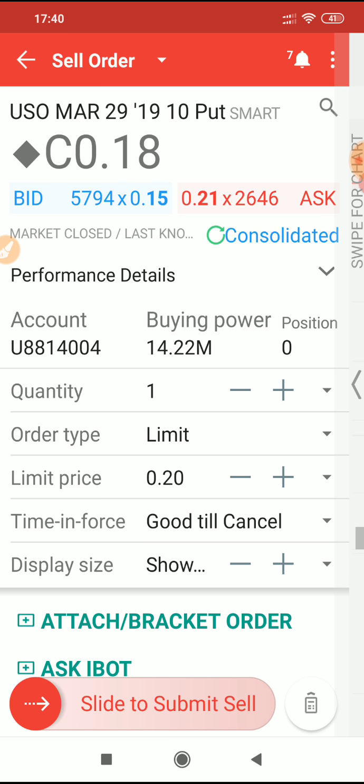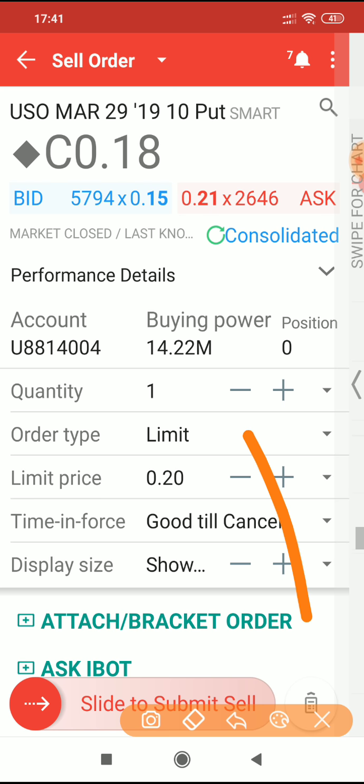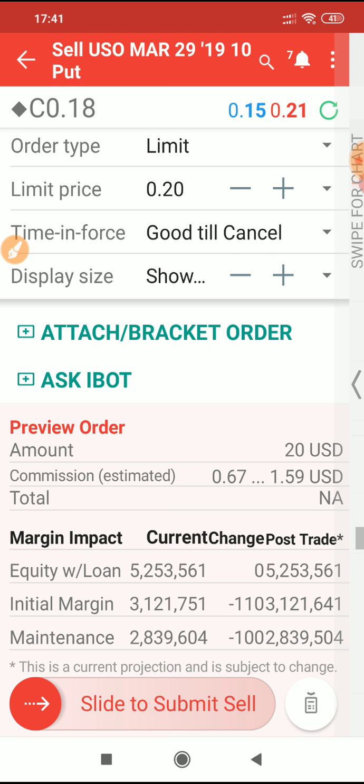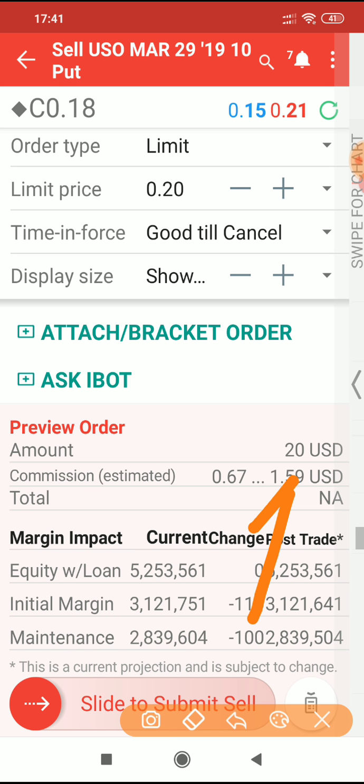That might not execute straight away at the market open, but throughout the day, as the price of USO and the options prices fluctuate, that order might come in for me. If I tap this button at the bottom right, I can see that I'm going to collect $20 per contract that I sell.